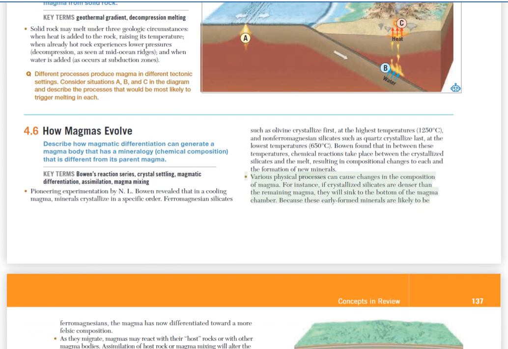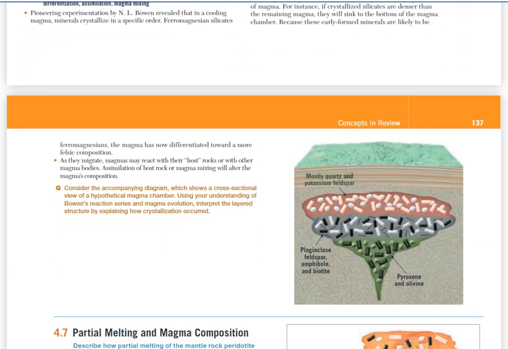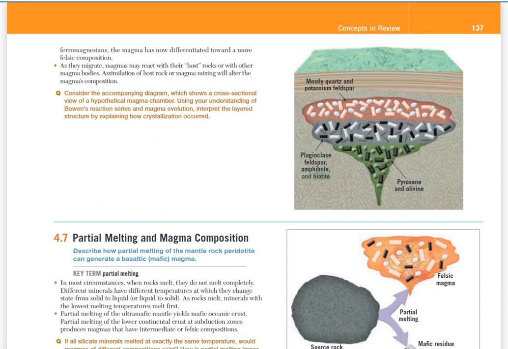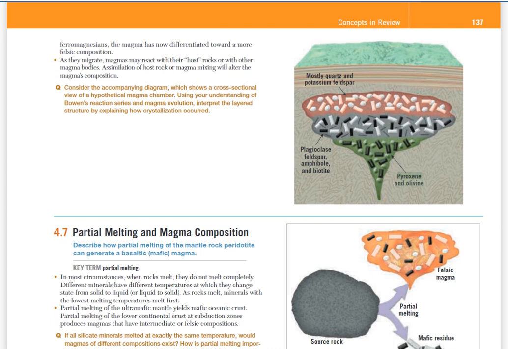Various physical processes can cause changes in the composition of magma. For instance, if crystallized silicates are denser than the remaining magma, they will sink to the bottom of the magma chamber, because these early formed minerals are likely to be ferromagnesians. The magma has now differentiated toward a more felsic composition, mostly quartz and potassium feldspar, plagioclase feldspar, amphibole, and biotite, pyroxene and olivine.